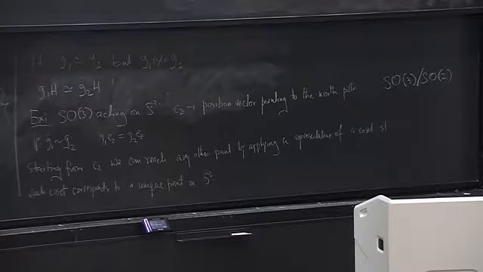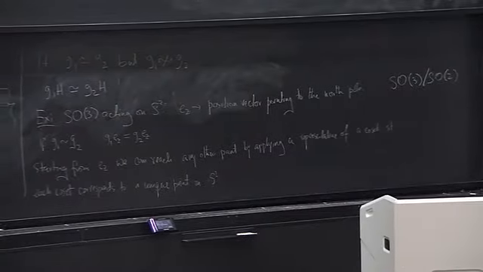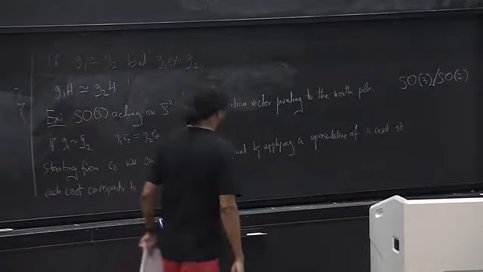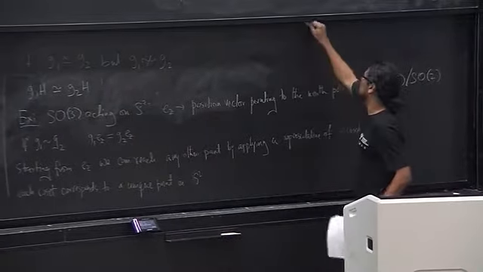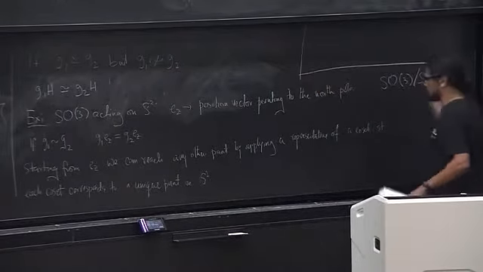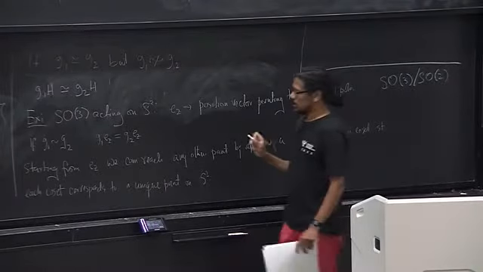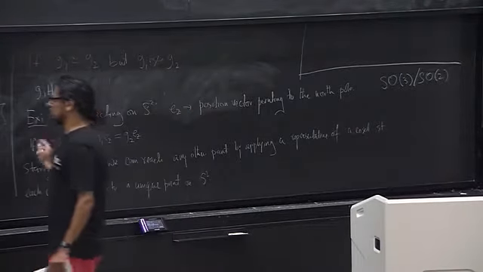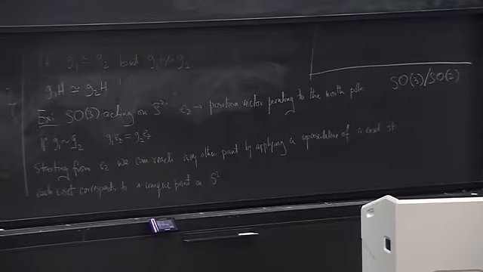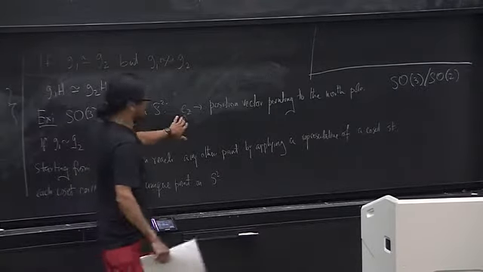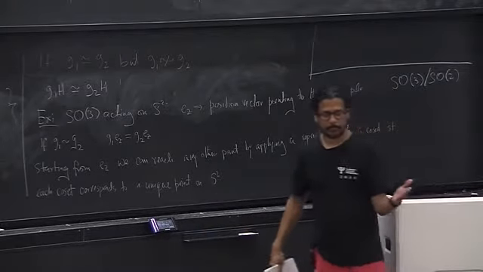Because of this fact, any element in a given coset, if I act by those elements on the vector pointing to the North Pole, takes me to the same point on the two-sphere.